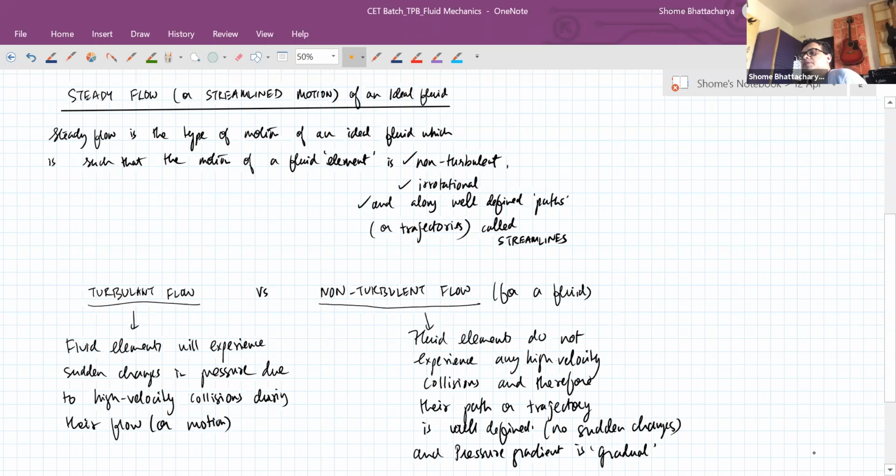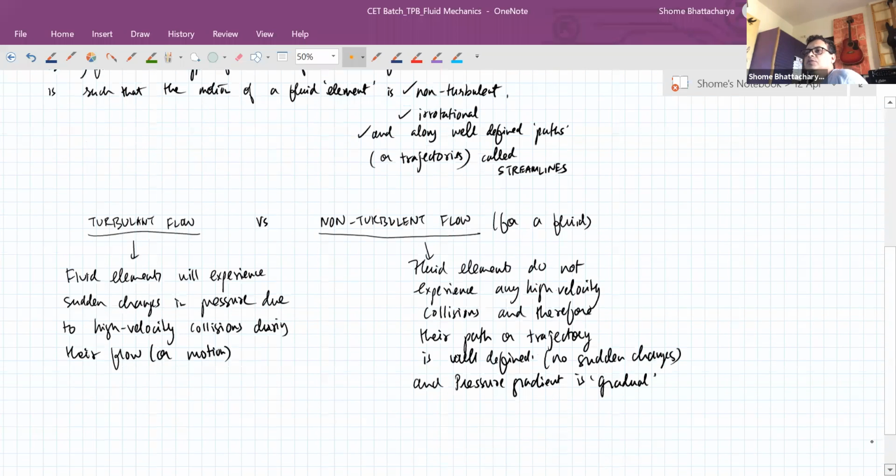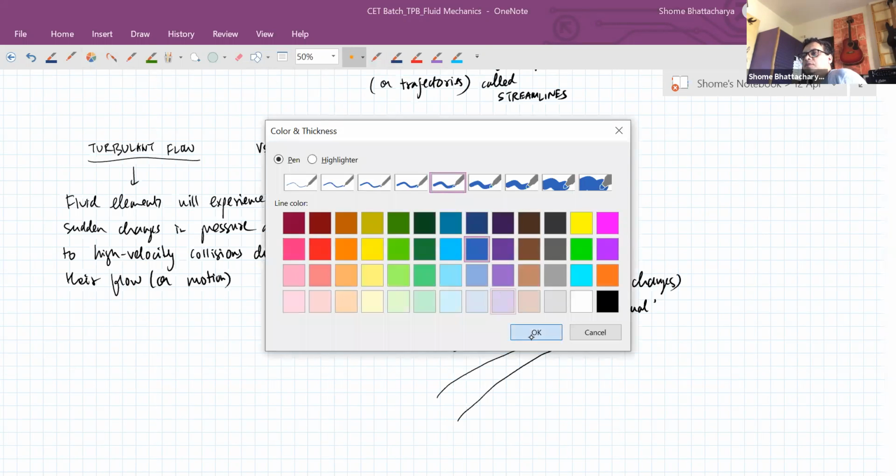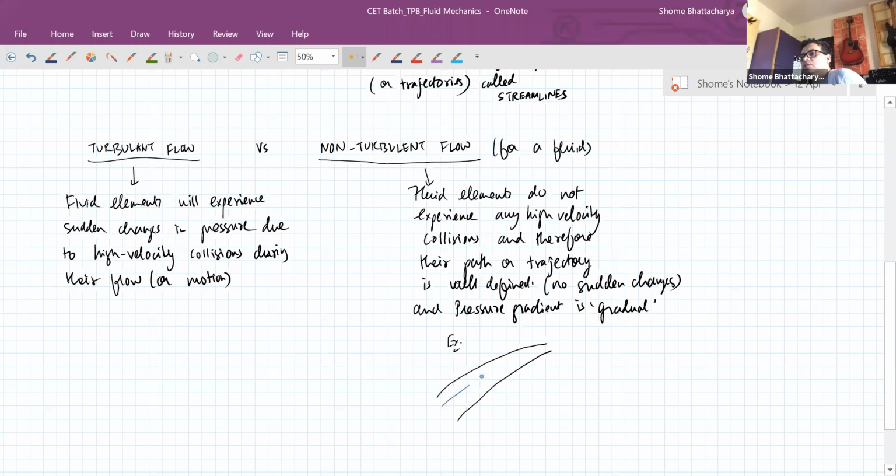That means there's no sudden change in pressure during their motion. So this is best understood with examples. An example of a non-turbulent flow is something like this: liquid flowing gently through a pipeline, not at too much velocity.